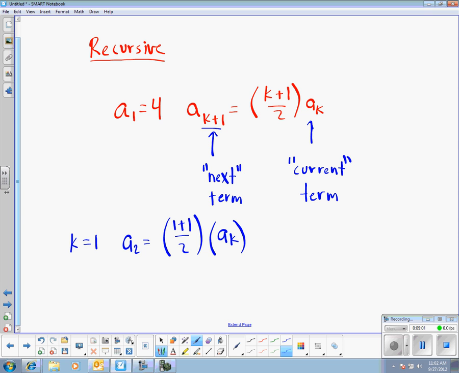In other words, my second term is 1/2 times my first term. So if A1 is 4, then A2 is 2.